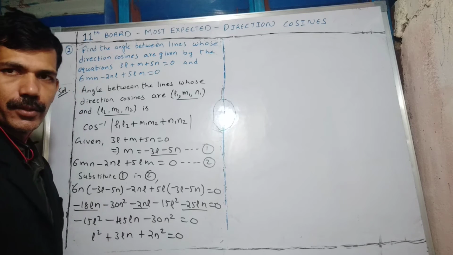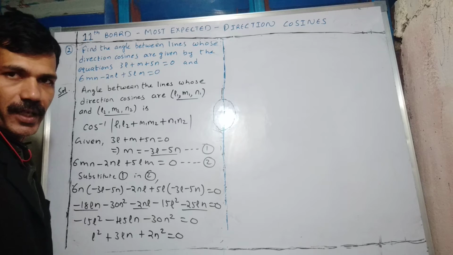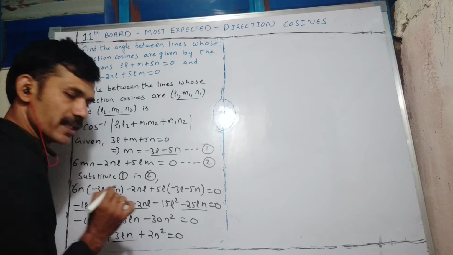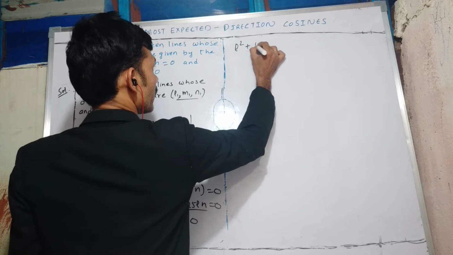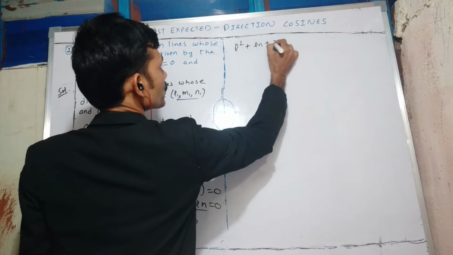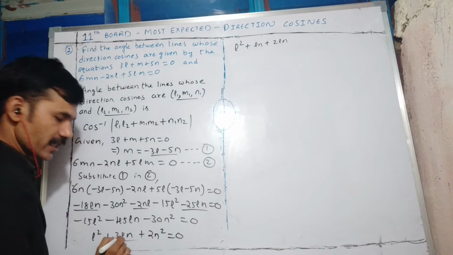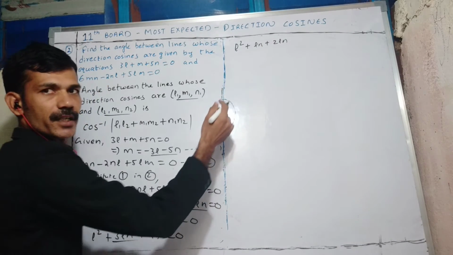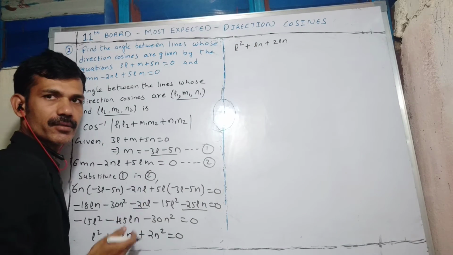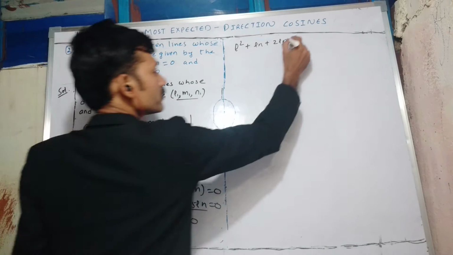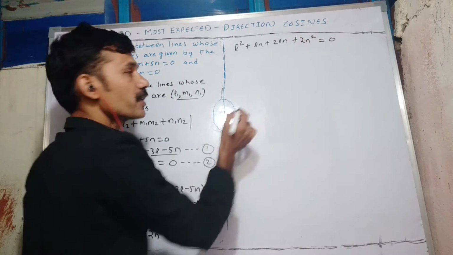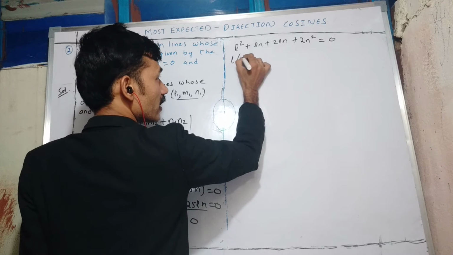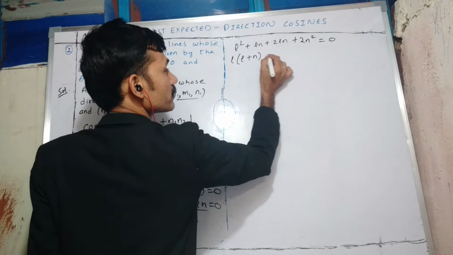Now we factorize by splitting the middle term. Instead of 3ln, I write ln plus 2ln; if you add, we get the same thing, I did not change anything. In the first two terms we take l common, giving l plus n.